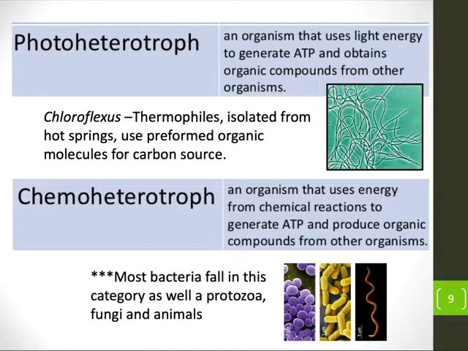An example would be chloroflexus, and these are thermophiles, so they live in hot environments and hot springs. Most bacteria, however, will fall under the chemoheterotrophs, where they will use energy from chemical reactions to generate their ATP, and also rely on organic compounds from other microorganisms as their source of carbon.